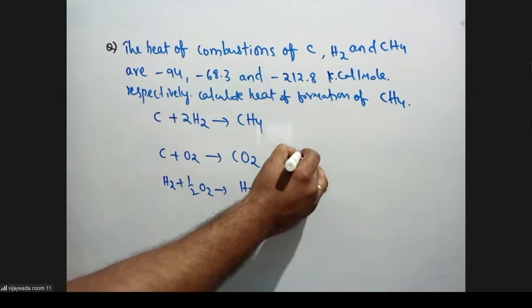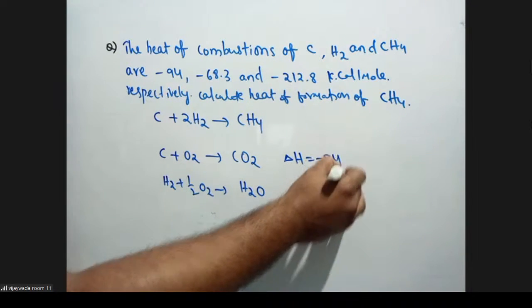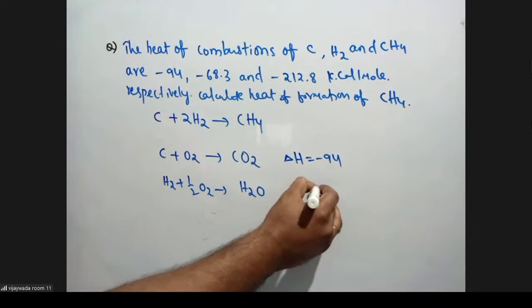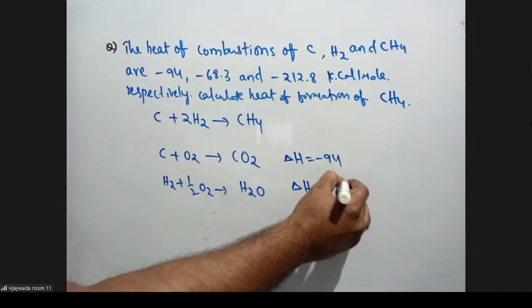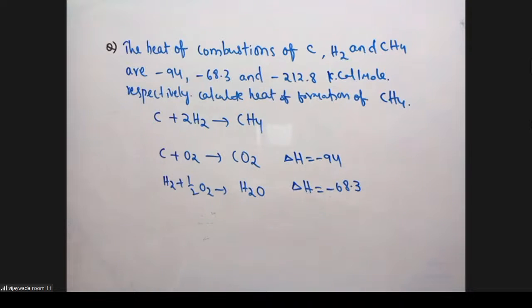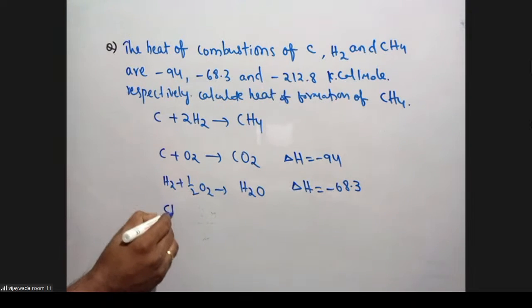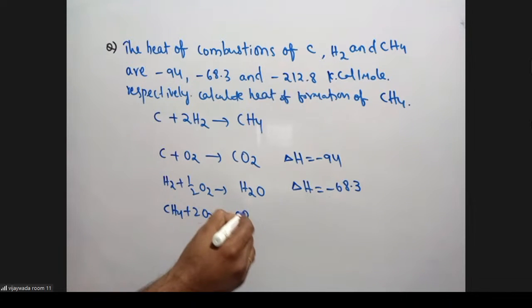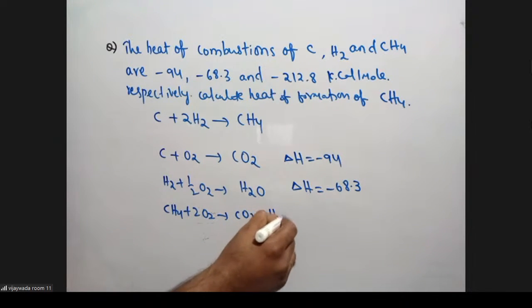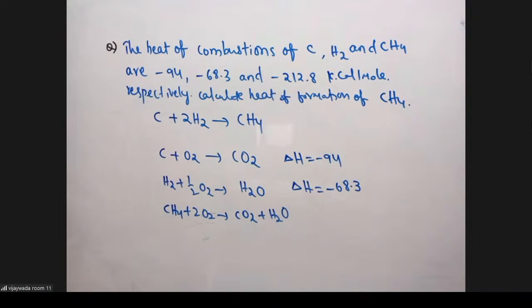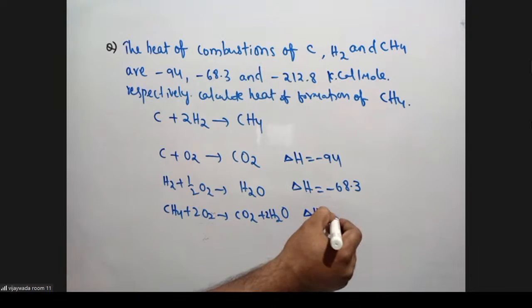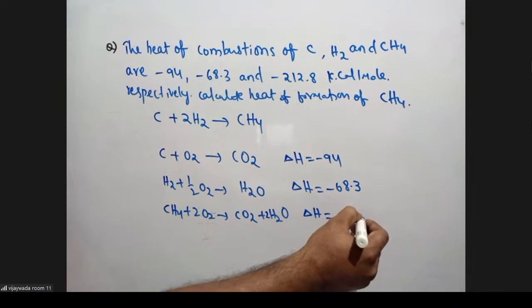Delta H for this reaction is minus 94 kilocalorie per mole. Delta H for this combustion is minus 68.3. And for combustion of CH4: CH4 plus 2O2 gives rise to CO2 plus 2H2O. Delta H for this one is minus 212.8.